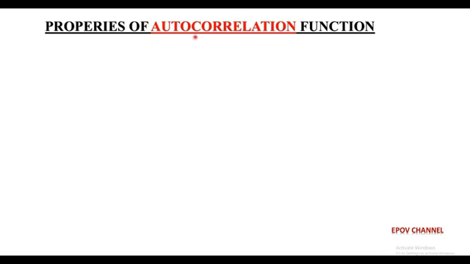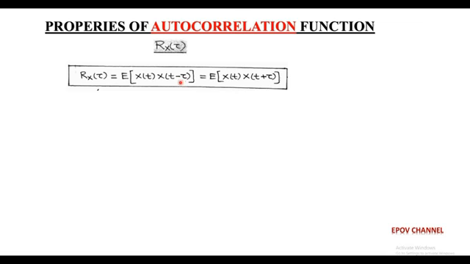Next we discuss the properties of the autocorrelation function, that is capital R function of tau. As we know, the autocorrelation function represents the interdependence of the random process x(t) observed at times tau seconds apart. So the autocorrelation function is determined using the expectation of the product of x(t) and x(t minus tau), or expectation of x(t) into x(t plus tau), for all values of t and tau.